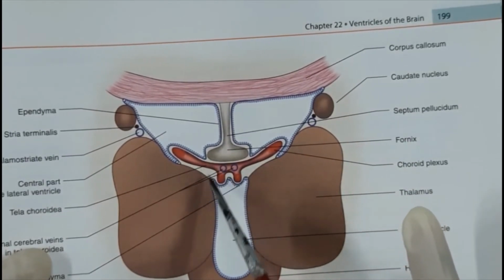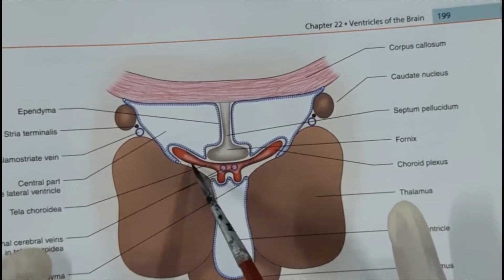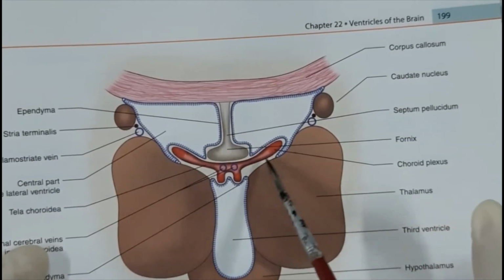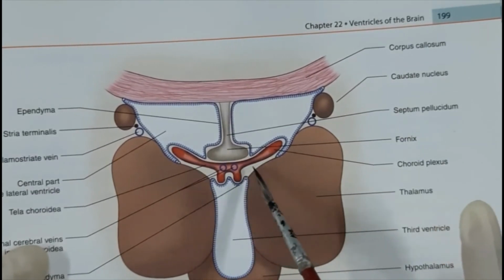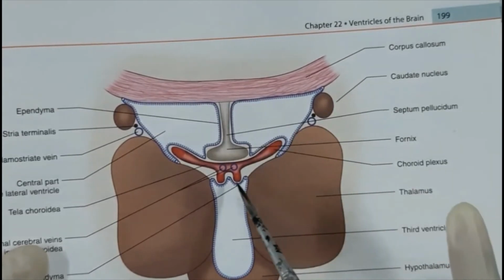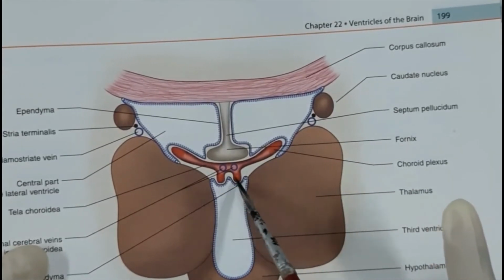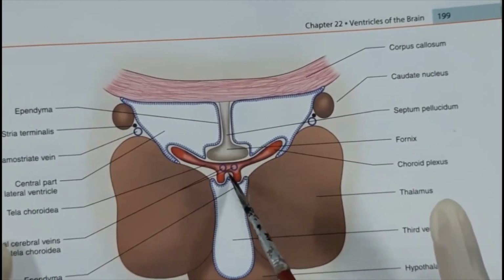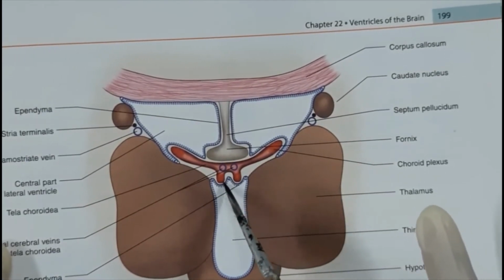Between the fornix and the superior surface of the thalamus there lies a gap, the choroid fissure, through which this radiating structure you are seeing is the choroid plexus. This is the choroid plexus of the lateral ventricle, and these two are the choroid plexus of the third ventricle, which project from the roof.